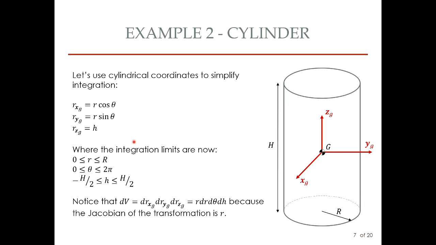All right. I also want you to notice how my choice of z here is along the axis of the cylinder. So this cylinder is axisymmetrical about z. And by the way, if you have an axisymmetry axis like that, it means that there would be no inertia products involving z.